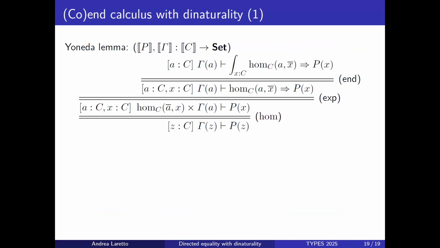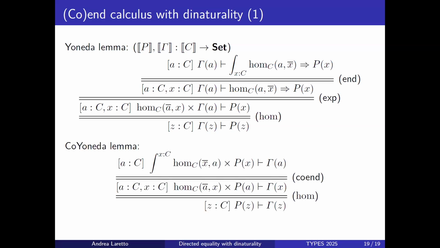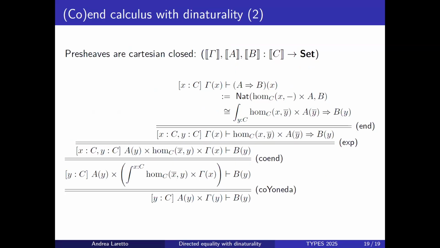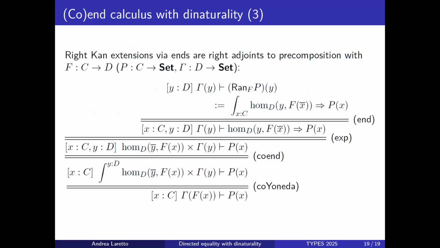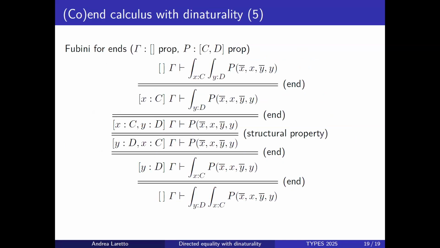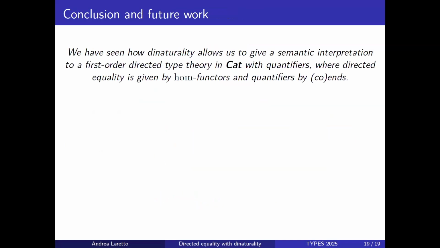So I can take this and move it on the left. And then I can use contraction of equality, and I get exactly this. So this says that this part here is naturally isomorphic to this part here. And that's the statement of Yoneda. Co-Yoneda is the same. And then you have other things. Presheaves are Cartesian closed, right-hand extensions, Fubini for ends, and these are all logical proofs.